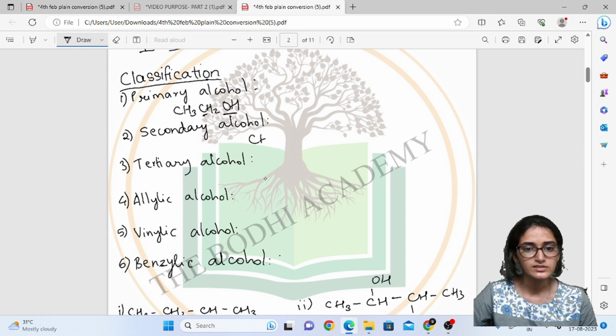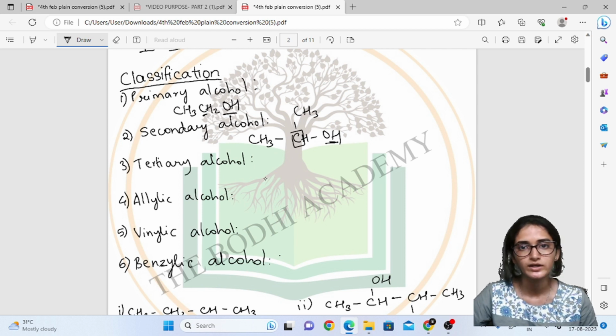Whenever we have this type of arrangement, CH3CH(OH)CH3, here you can see the OH group is attached to a carbon and this carbon is further attached to two more carbons. So in this case it is called a secondary alcohol. Then we will go to the tertiary alcohol.